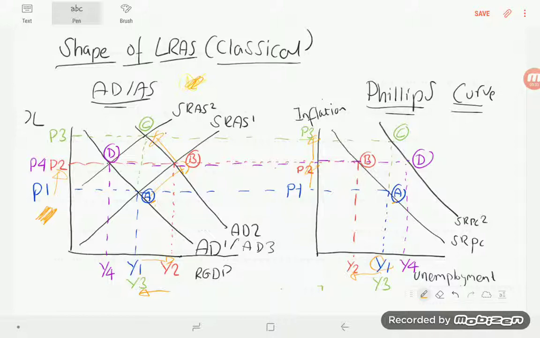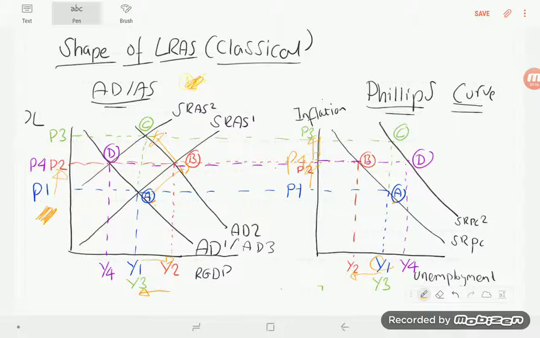Again, to reiterate, because there's been a reduction in aggregate demand, you can see that this fall in the price level from P3 to P4 means, beg your pardon, lost train of thought.